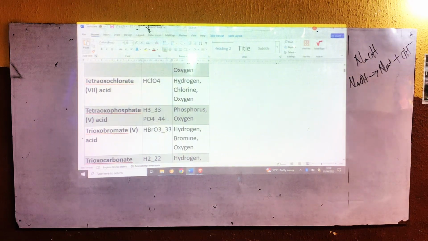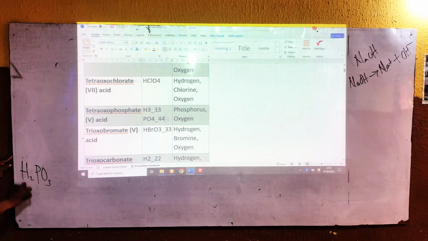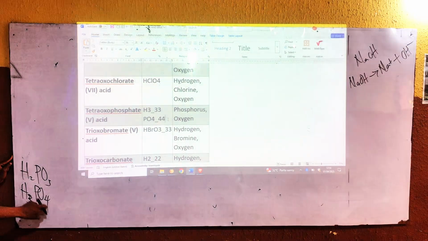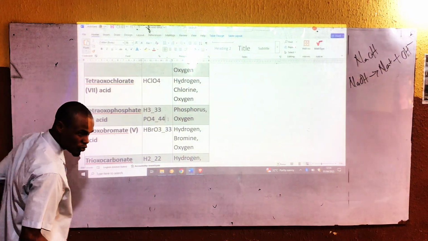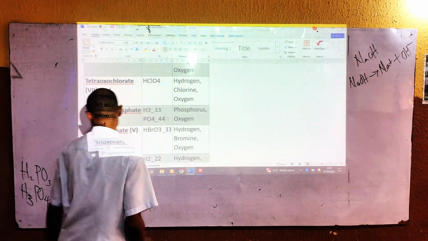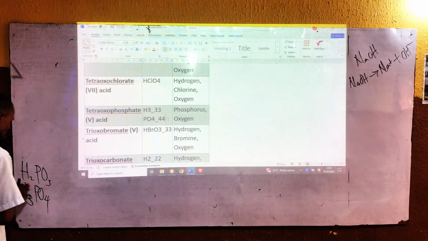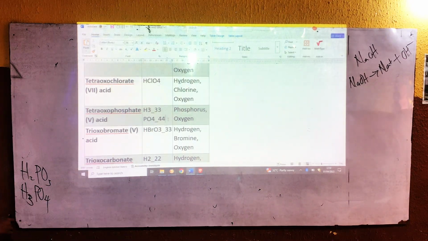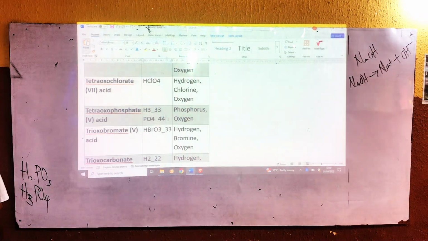We have H3PO3, we have H3PO4, this is phosphoric acid. This was phosphorous acid, and this is phosphoric acid. I get you now.